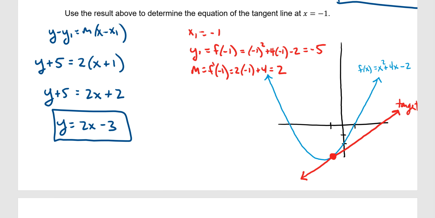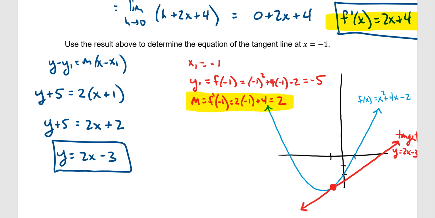So it looks like this is accurate enough. Obviously, this is not drawn to scale perfectly, but it looks like this could be the line 2x minus 3. Positive slope, y-intercept of -3. Sure, looks pretty good. So also just keep in mind, always remember that the slope of the tangent line is the instantaneous rate of change at that x coordinate.